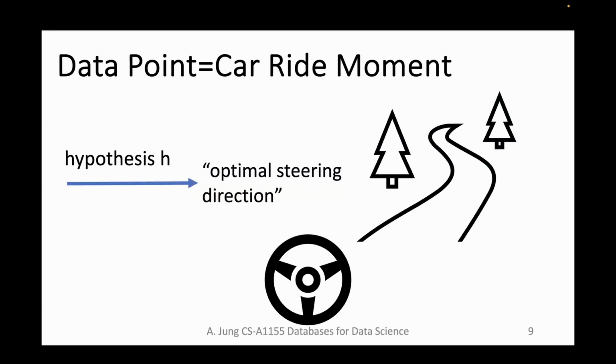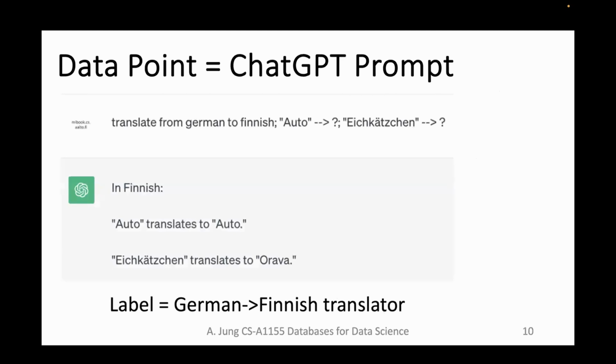Another, more recent example is autonomous driving. Trained machine learning models read in the current driving conditions, and then they predict the optimal steering direction, where to move next. An even more recent example, which has a lot of attention at the moment, is large language models, which are used, for example, by ChatGPT.